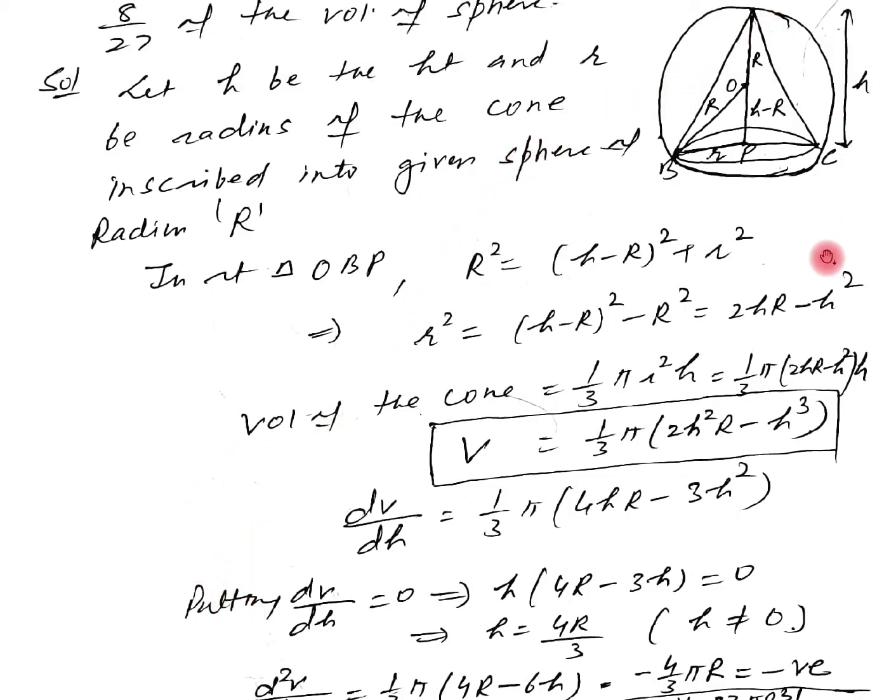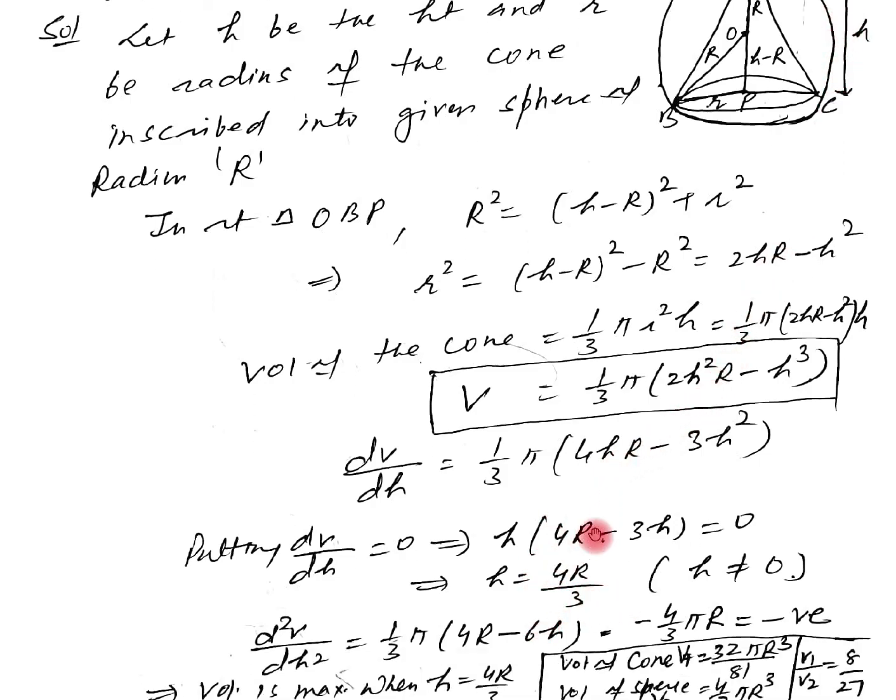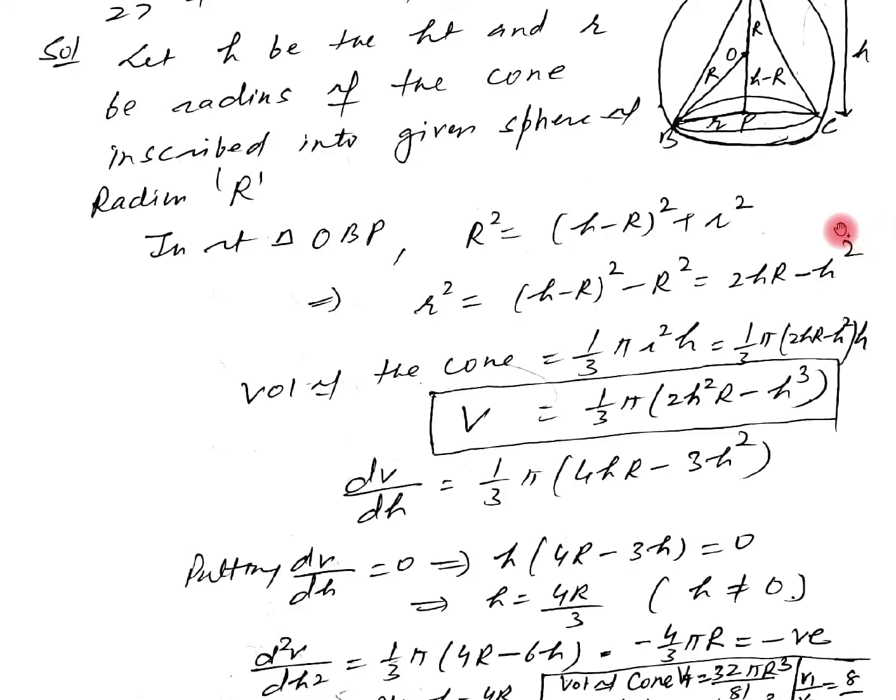Here a cone is inscribed in a sphere. We have to prove that the volume of the cone is maximum when the height of the cone is 4/3 of the radius of the sphere. So again, first we make the figure. We can suppose this quantity to get the volume of the cone. Volume of the cone is 1 by 3 pi r square h. Two variables are there.